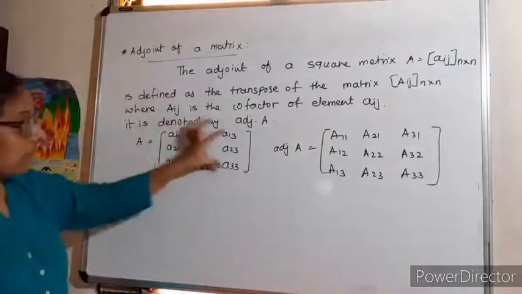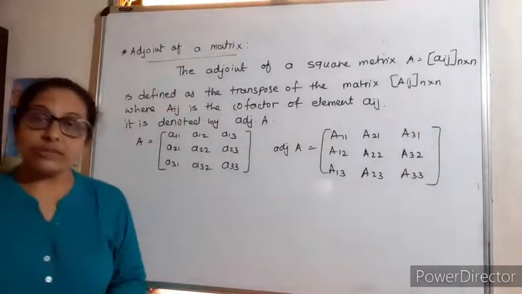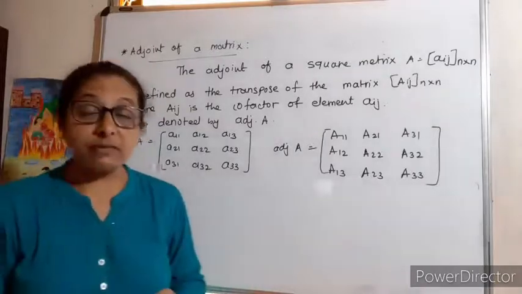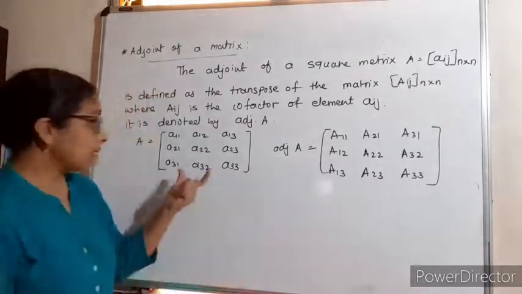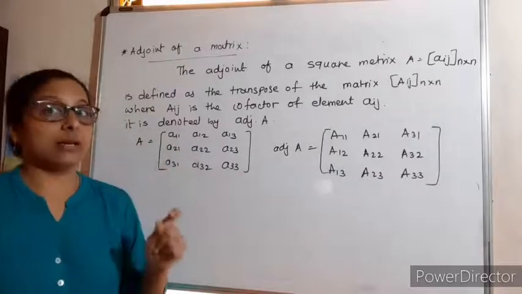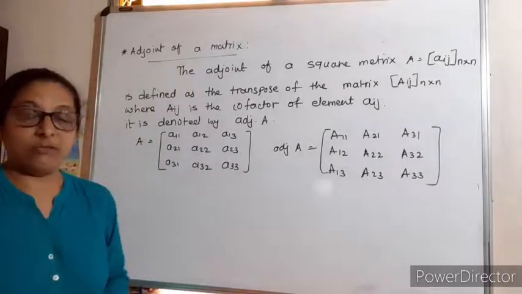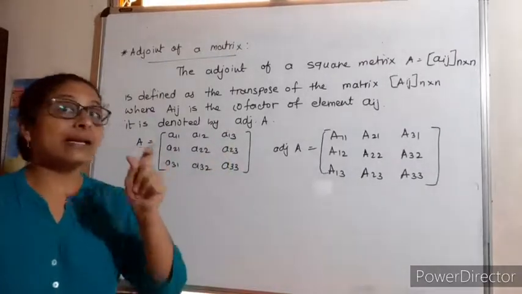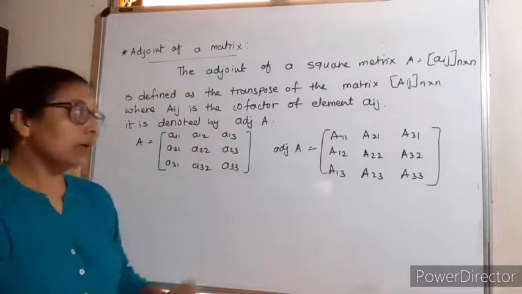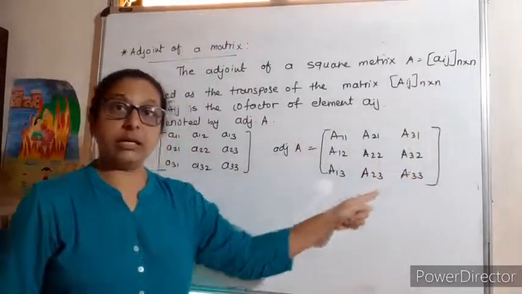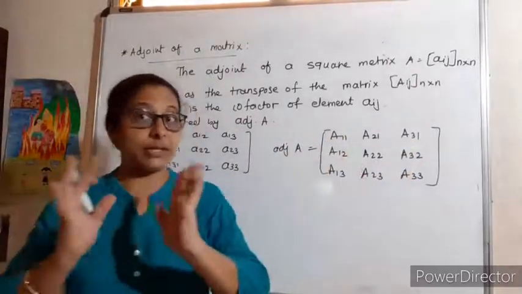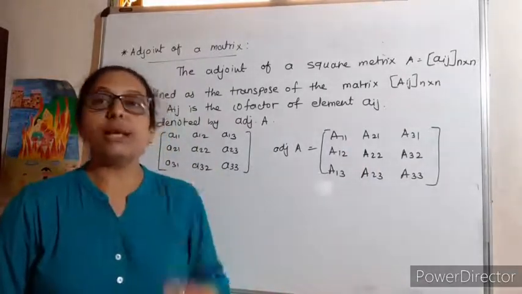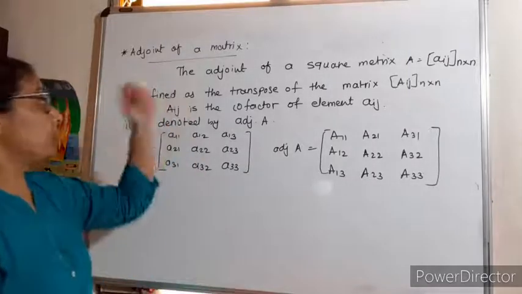So here is the given matrix. A 3 by 3 matrix is given, or a 2 by 2 matrix is given. 4 by 4 will not come, that is not in our syllabus. So whether it is 2 by 2 or 3 by 3 square matrix, what we will do? We'll just find the cofactor of all the 9 elements and then write it in transpose, that is rows and columns interchange. If we do one example, then you will get a clearer idea how to find the adjoint.